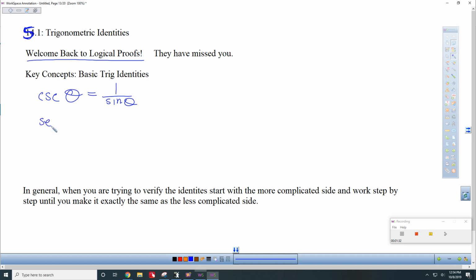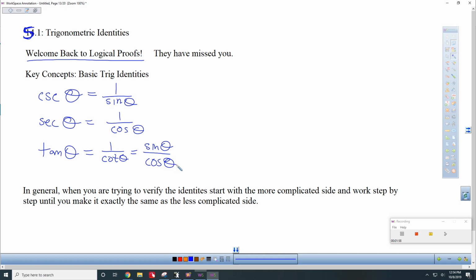The secant of theta is 1 divided by the cosine of theta. The tangent of theta, well, that's 1 divided by the cotangent of theta. You could also consider that to be the sine of theta divided by the cosine of theta.